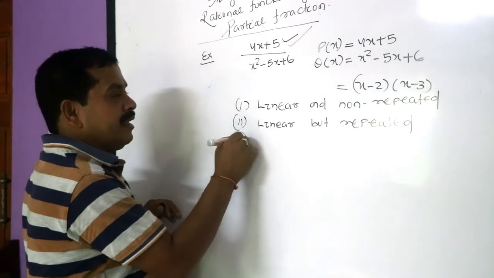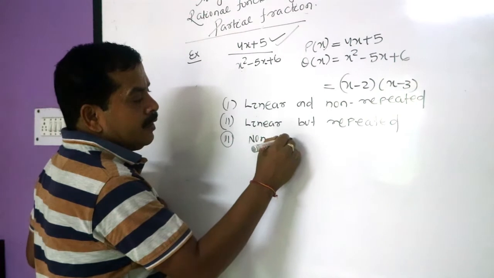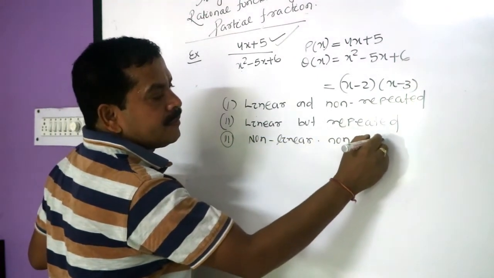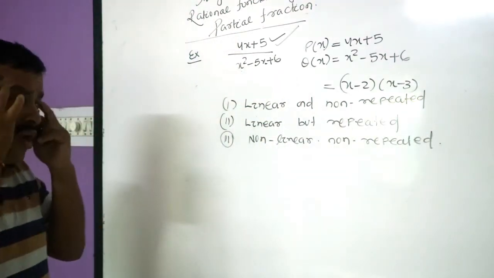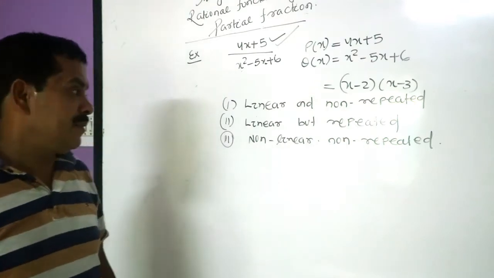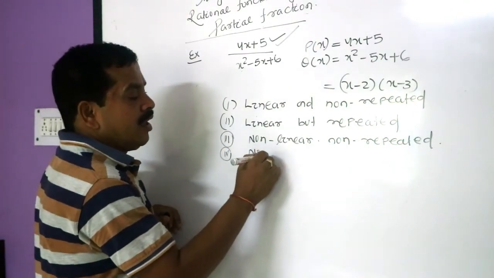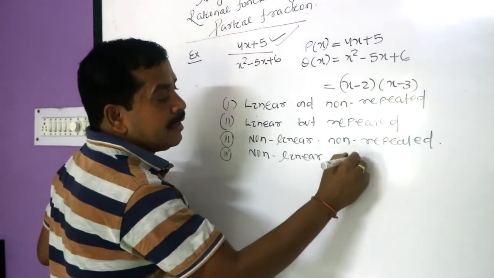Next, another is non-linear and non-repeated. Non-linear means specially quadratic. And another is non-linear and repeated.